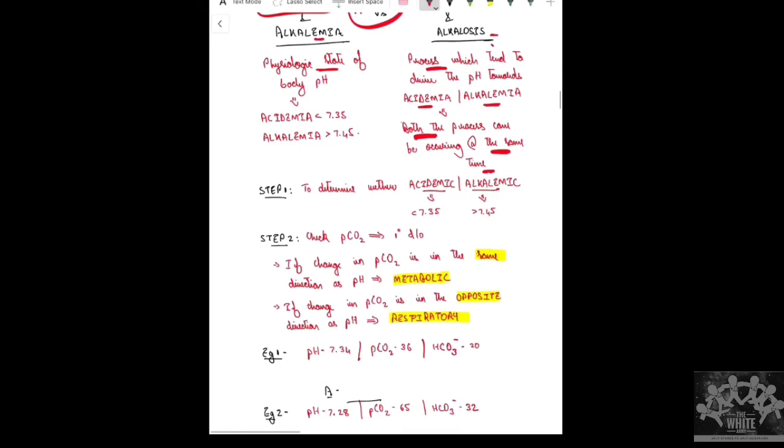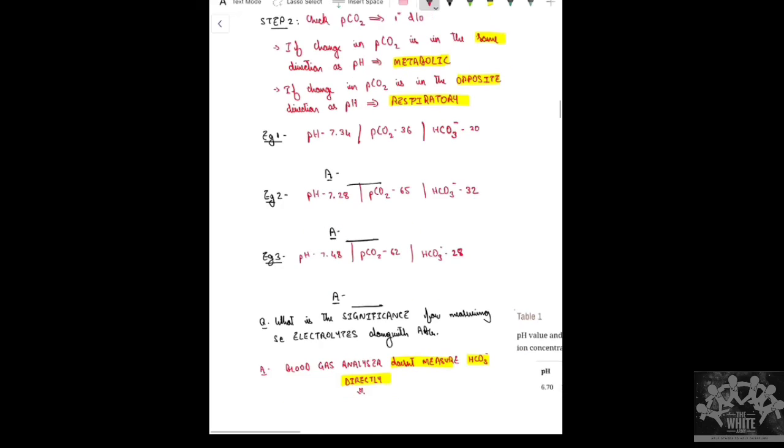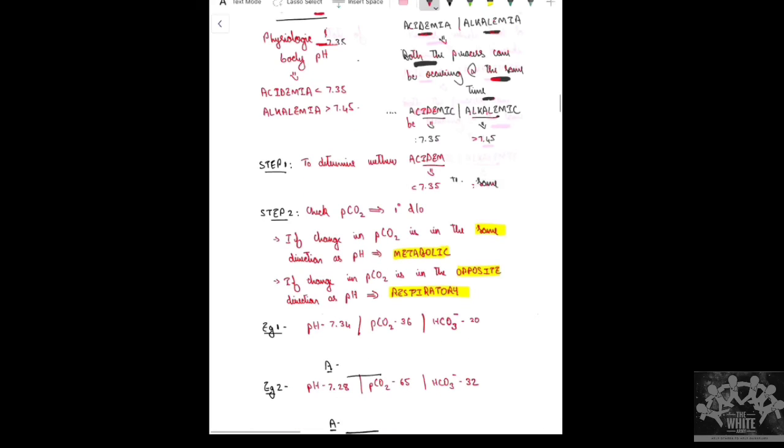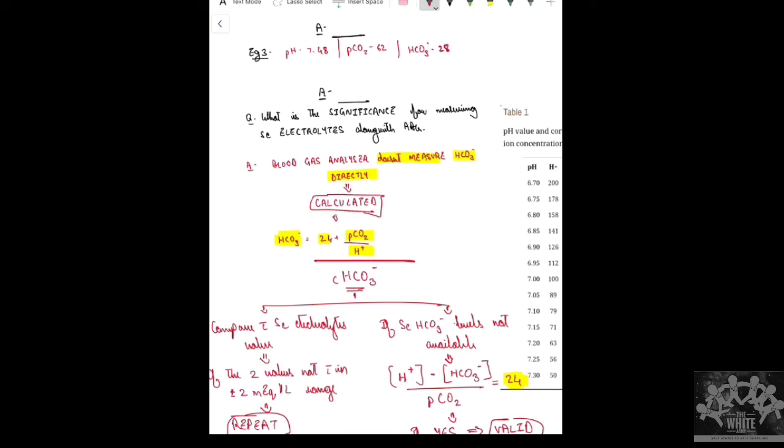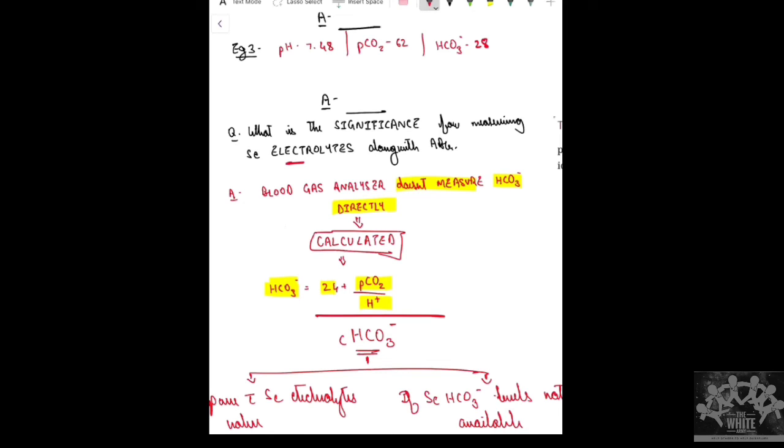So first we do the procedure. Once we do the procedure, we put it into the analyzer, then we get the values. Before going further, we should check whether the values calculated by the machine are appropriate. How do we do this? There are two methods. One is we measure serum electrolytes at the same time. Serum electrolytes will give us the HCO3 minus levels.